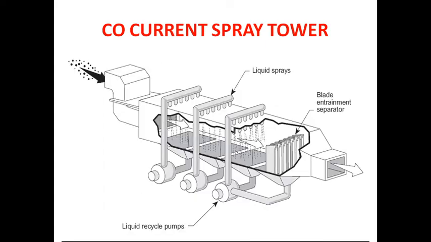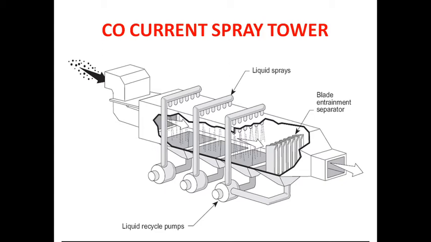Another type of spray tower, co-current spray tower. This figure shows the co-current spray tower. In this tower, the inlet gas and liquid flow in the same direction. The gas stream does not push against the liquid spray. What about the gas velocity in this tower?